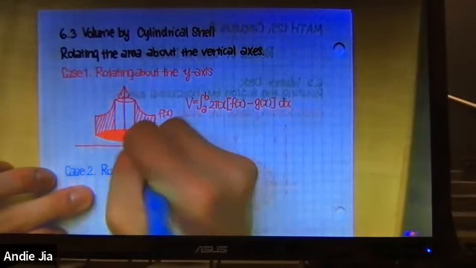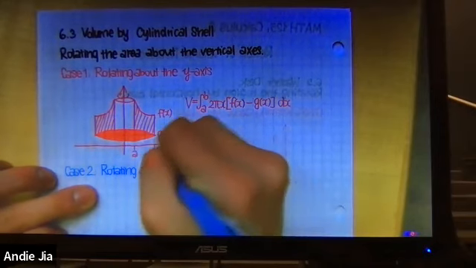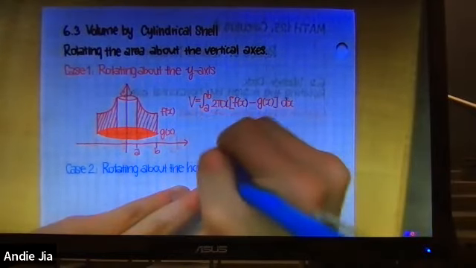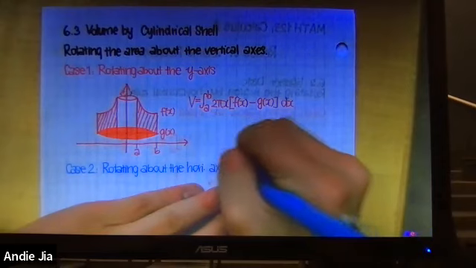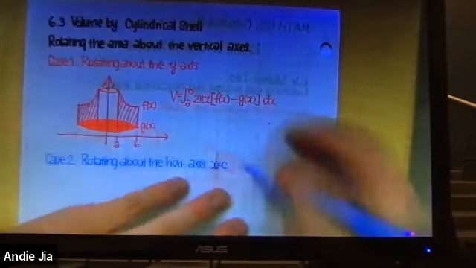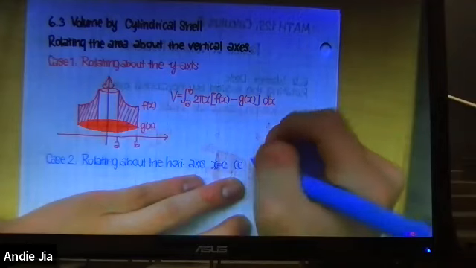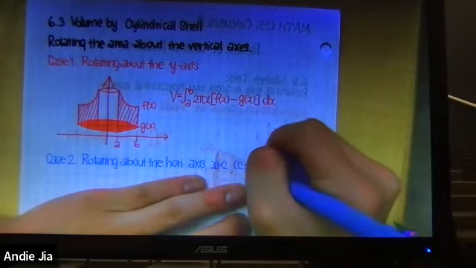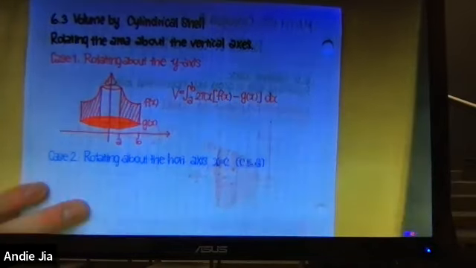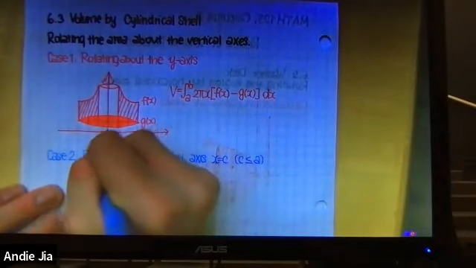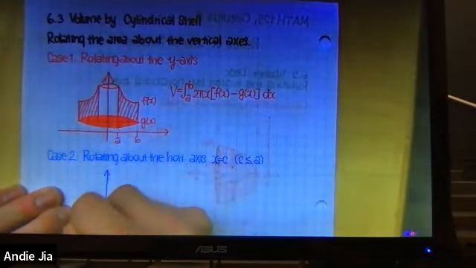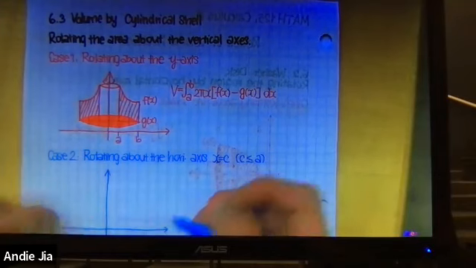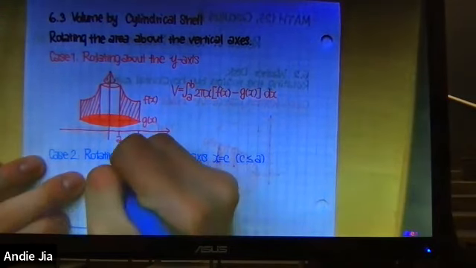Rotating about the horizontal axis y equals c, with x equal to c, where c is smaller than a. I have this, and this is the region. It's the same region.